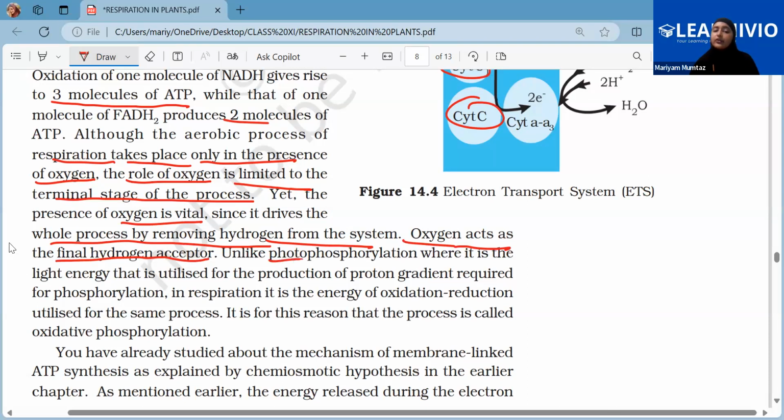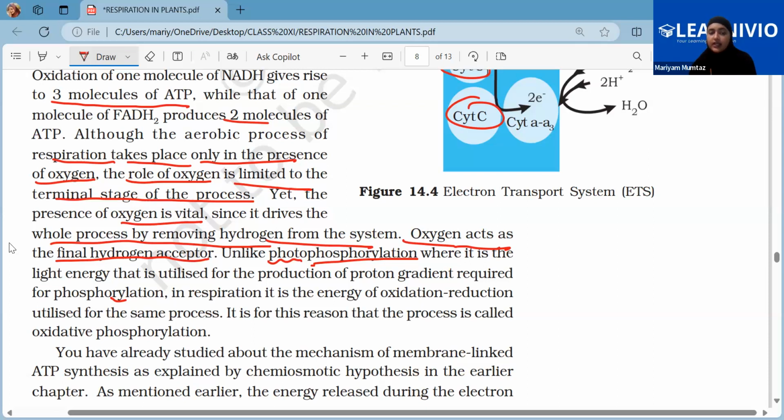Now, unlike photophosphorylation, meaning the synthesis of ATP which happens in the presence of light, where it is light energy that is utilized for the production of the proton gradient required for photophosphorylation. You remember the chemiosmotic hypothesis? Yes.